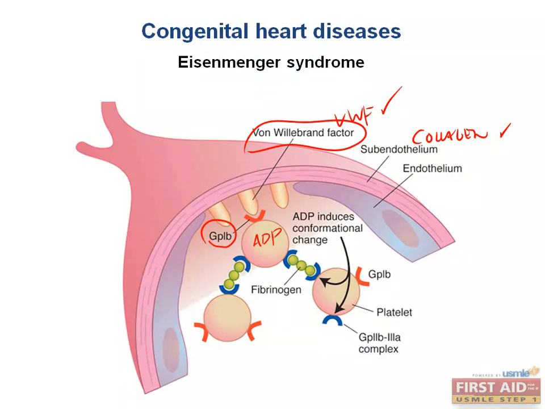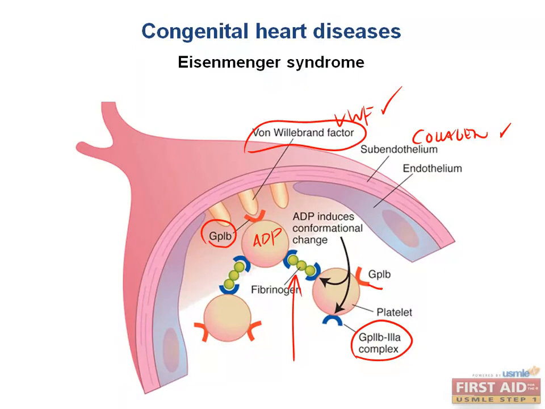This exposes GP2B3A complexes. They were previously hanging out in the clefts that were hidden before the conformational change. So the binding of ADP to purine receptors, or ADP receptors, potentiates these conformational changes. These newly exposed GP2B3A receptors will bind fibrinogen, as you can see here, and help in the formation of a platelet plug.